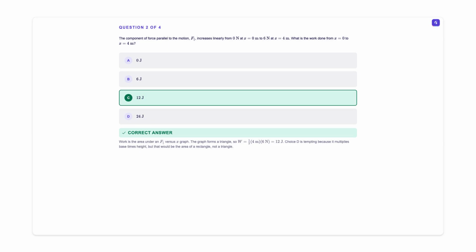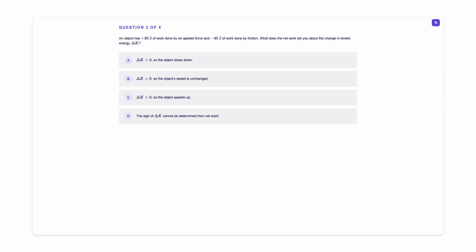not a triangle. An object has positive work done by an applied force and negative work done by friction. The applied force does 30 joules, and friction does negative 40 joules. What does the net work tell you about the change in kinetic energy?